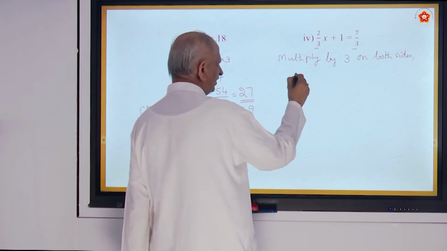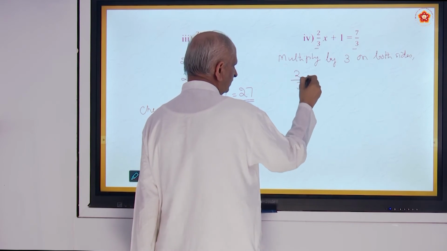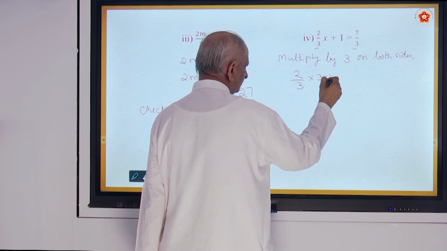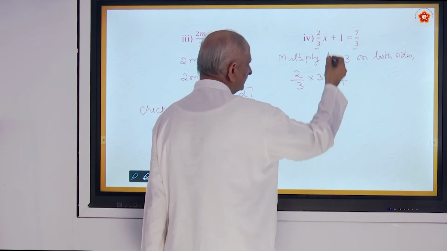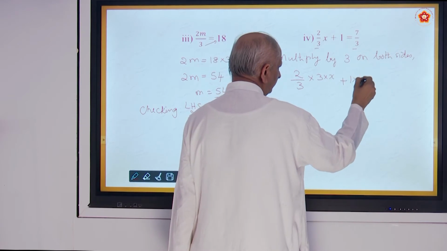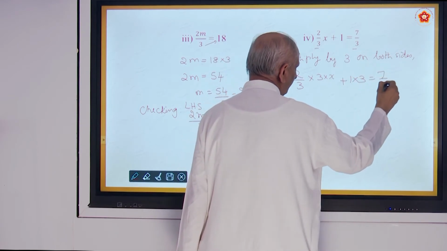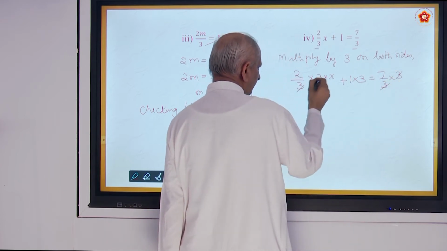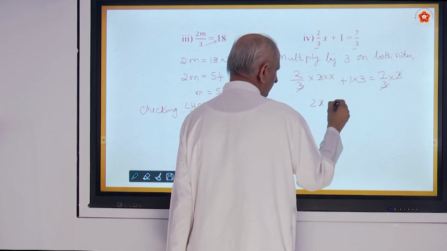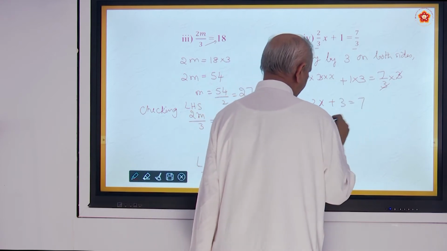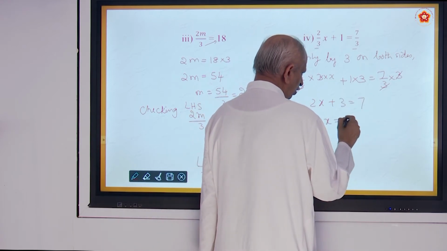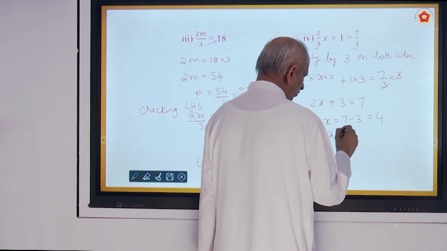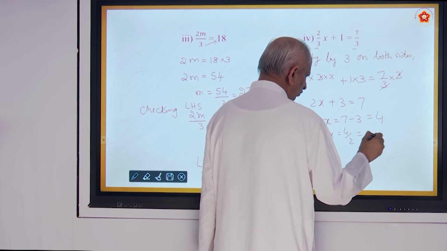So, when you multiply by 3, you get 2 by 3 into 3 into x plus 1 into 3 is equal to 7 by 3 into 3. So, 3 cancels. Here also 3 cancels. You get 2x plus 3 is equal to 7. So, 2x is equal to 7 minus 3, that is 4. X is equal to 4 by 2, that is 2.